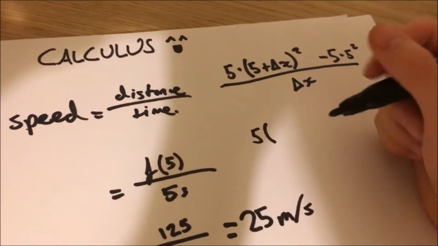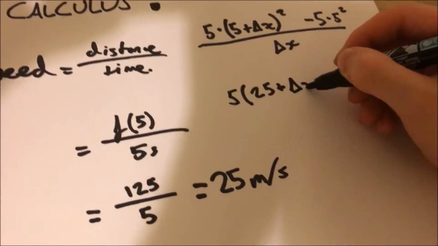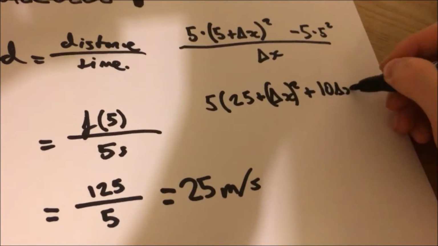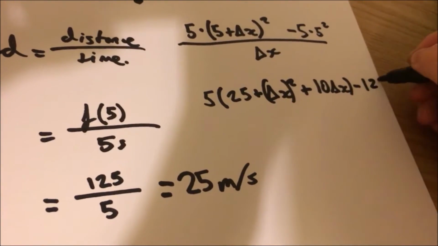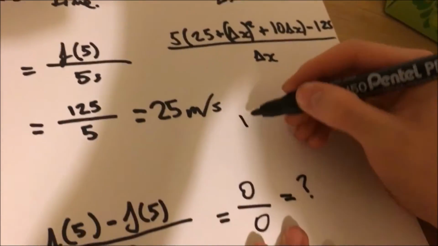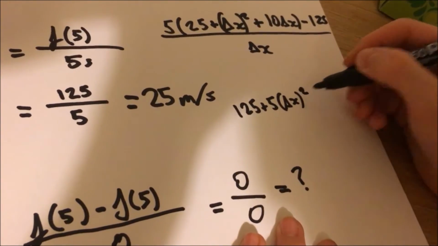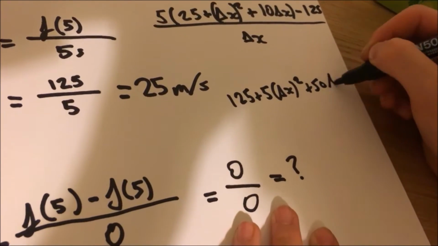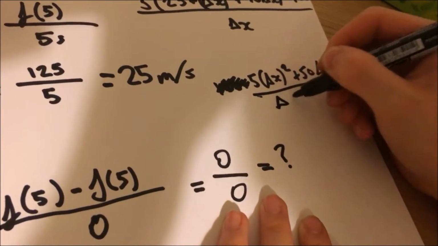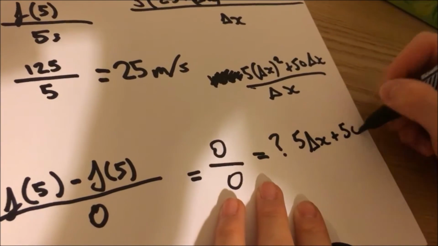So now we've got 5 times 25 plus delta x squared plus 10 delta x, subtract 125, over delta x, and finally that gives us 125 plus 5 delta x squared plus 50 delta x, and we take off this 125, that cancels that out here, over delta x gives us a grand total of 5 delta x plus 50.